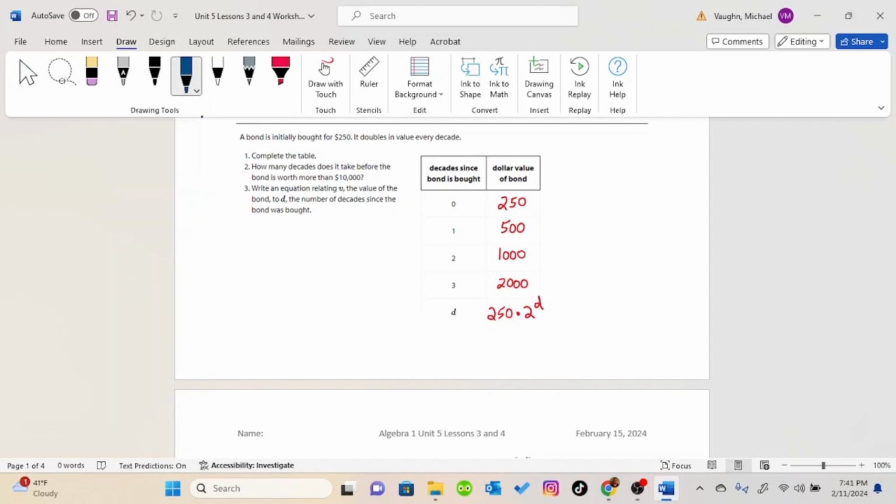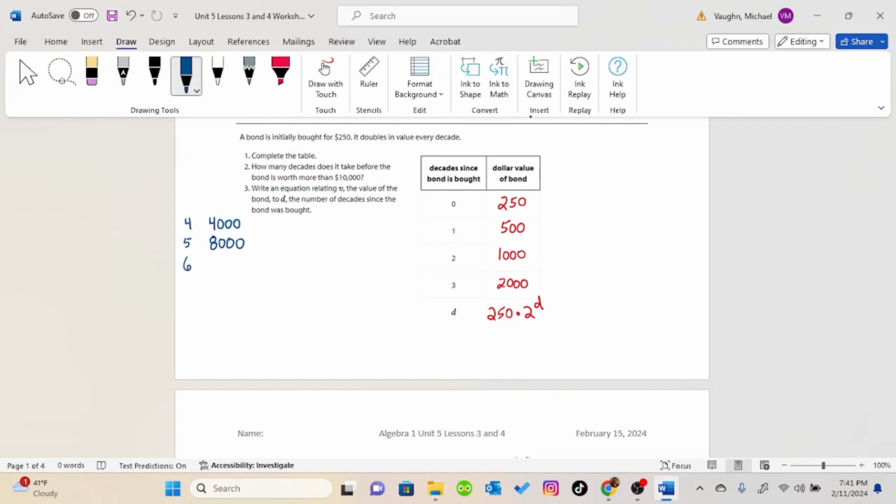Number 2. How many decades does it take before the bond is worth more than $10,000? Well, we could continue trying this. 4 decades, it would be worth 4,000. 5 decades, it would be worth 8,000.